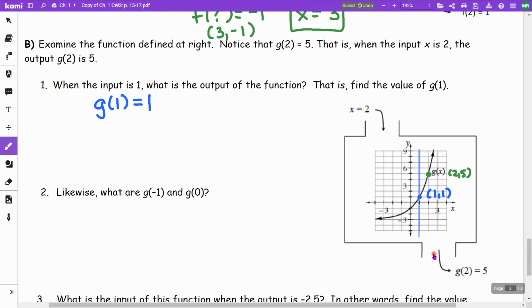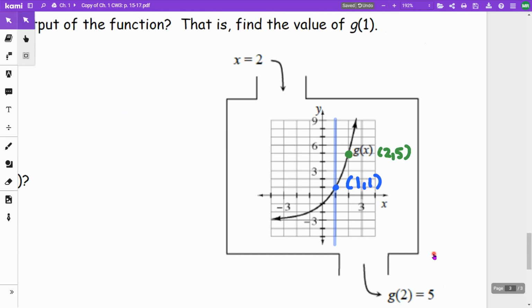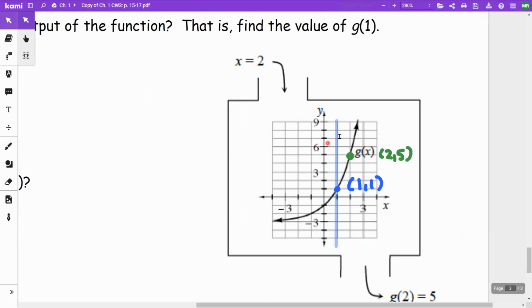Likewise, what are g of -1 and g of 0? So I'm going to find g of -1, and I'm going to find g of 0. So let me do g of -1. Let me just change this to red. So I'm going to go to -1.